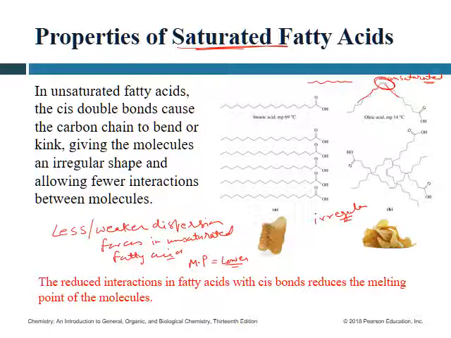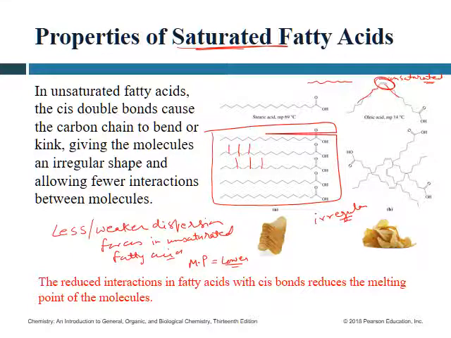The saturated fatty acid can be stacked perfectly. There is no kink or bend structure, right? Where you can see in unsaturated fatty acids, they are not perfectly aligned because you have an irregular shape. So that's why unsaturated fatty acids are liquid at room temperature.